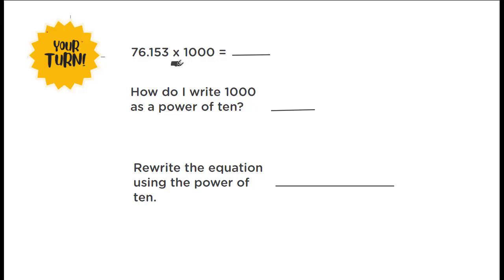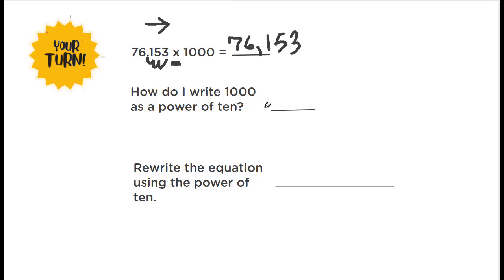And when I multiply, the number gets bigger. And I see that I have to go to the right to make this number bigger, my decimal. And I am going to move it 3 times because the number is 1,000. 1, 2, 3. 3 zeros, move 3 times to the right, and I have a whole number. Again, you do not need to put a decimal after it. I would recommend not doing that because that shows me you understand it's a whole number. Don't need the decimal anymore, unless you're talking about money, right?